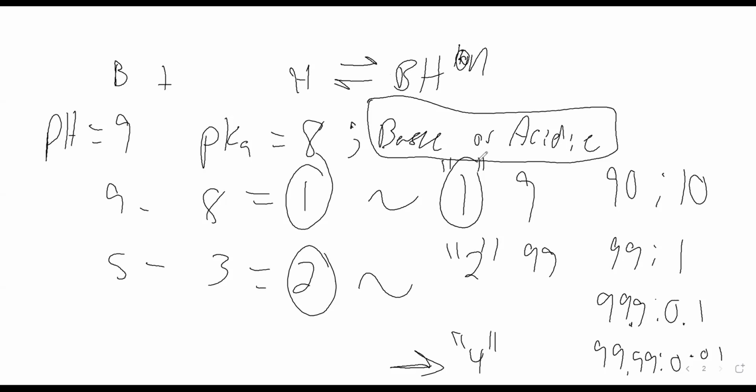And that means we've got a 10% that is going to be our ion, which means 90 is going to be unionized.